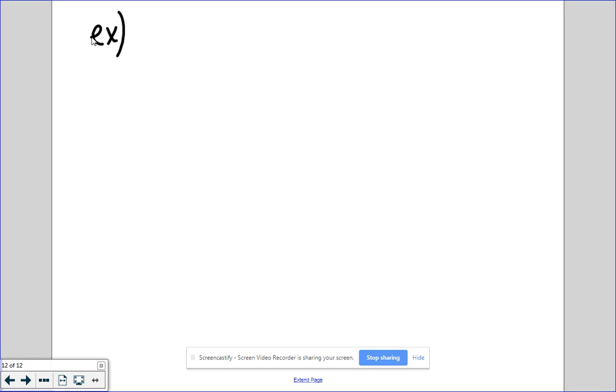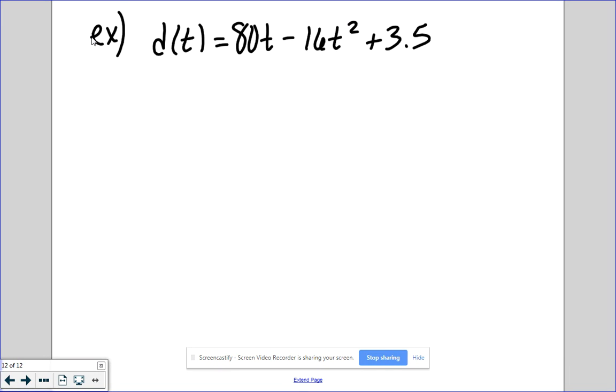So suppose the ball was 3.5 feet above the ground when he hit it straight up with an initial velocity of 80 feet per second. So the equation we're going to use is this: 80t minus 16t squared plus 3.5.